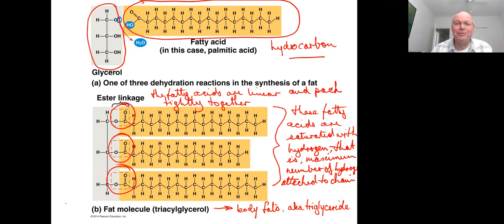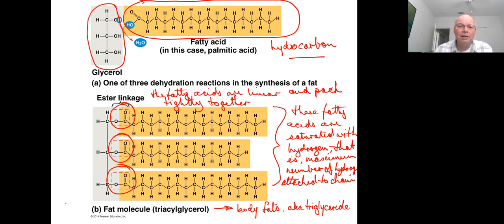So there is another one that's solid at room temperature. But notice the common thread here. All of the fats that are solid at room temperature, all the fats that are saturated, they're animal fats. And that's a fairly consistent theme that you should remember. Fats that come from animals are saturated fats, by and large. There are some exceptions, but by and large, an animal fat is typically a saturated fat.